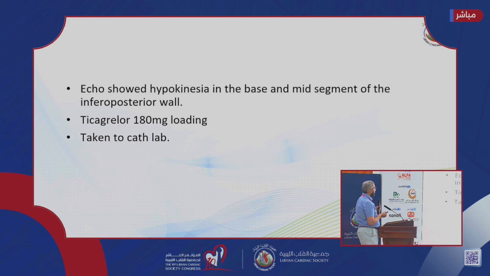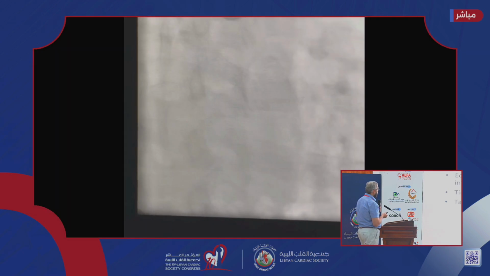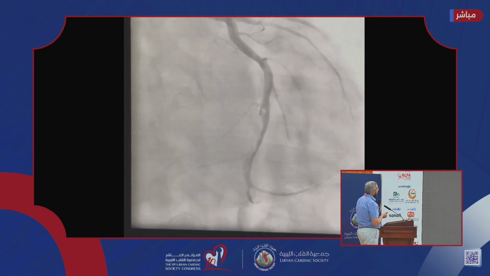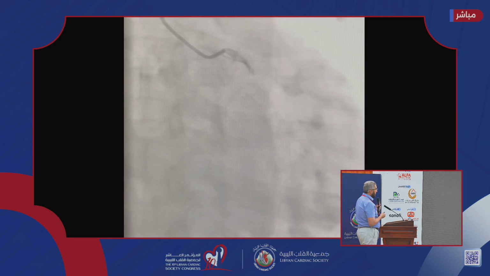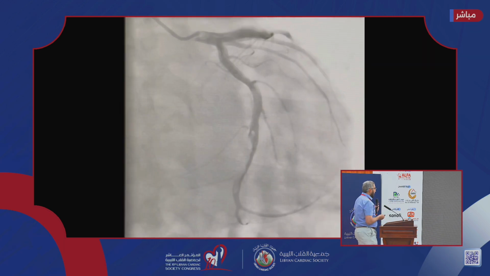His echo showed hypokinesia in the basal mid-segment of the inferoposterior wall, so we thought this must be a viable territory still. We loaded him again with ticagrelor and took him to the cath lab. As we know, late presenters do develop high burden of clot.